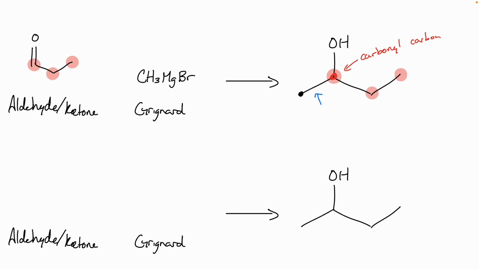Or I can say, all right, this must be my carbonyl carbon. And this is my new bond. So that means that this chunk here is my aldehyde. And the other portion, I guess I didn't color that, is my Grignard.